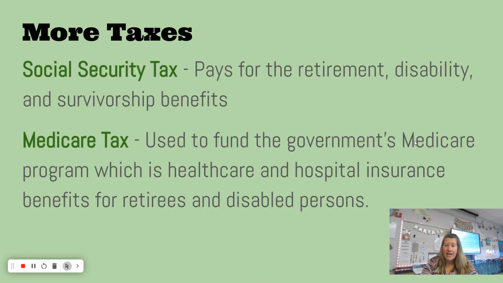Some people who are unable to work, so they're disabled, can get a Social Security check. And survivorship would be for a child whose parents have maybe passed away, you can get the survivorship benefits if you take in that child so that you have money to pay for the child that you weren't really expecting to have.